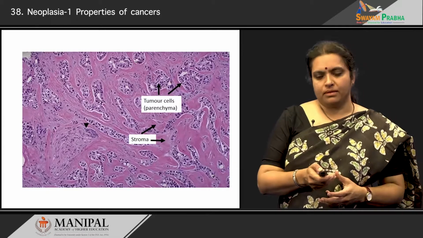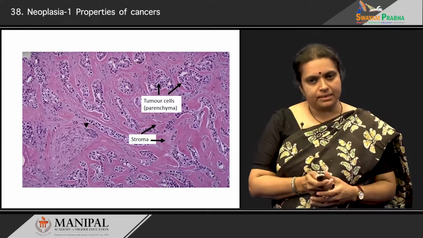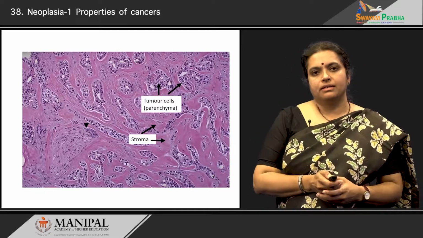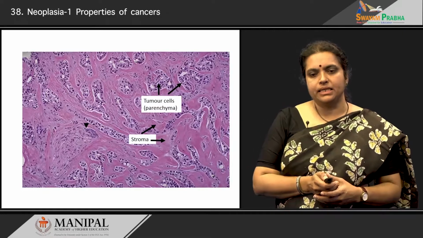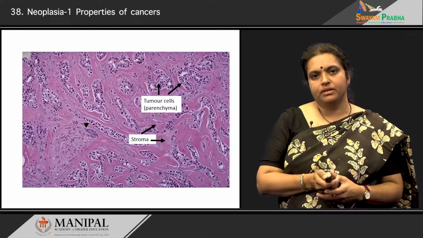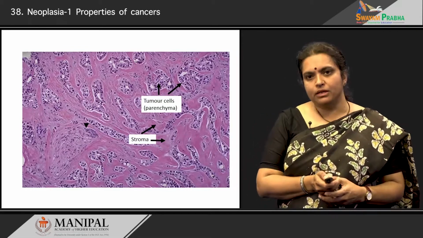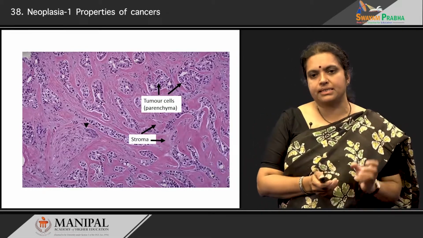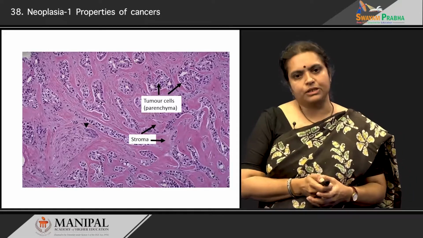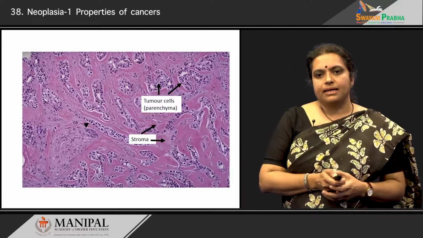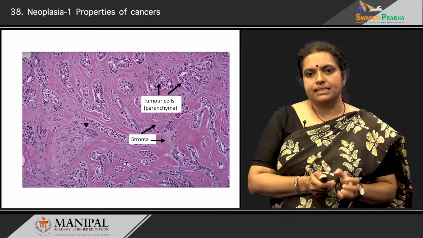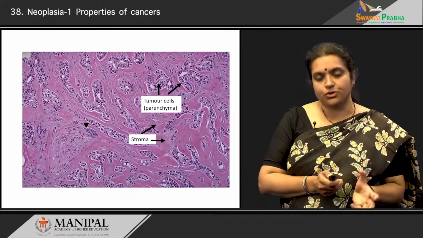There are some other words that we need to understand, that is the tumor cells. As you see in the labeled diagram in front of you, the tumor cells are those that are forming loose gland like structures. This is taken from a ductal carcinoma of the breast, and these are the cells that are invading into the stroma.